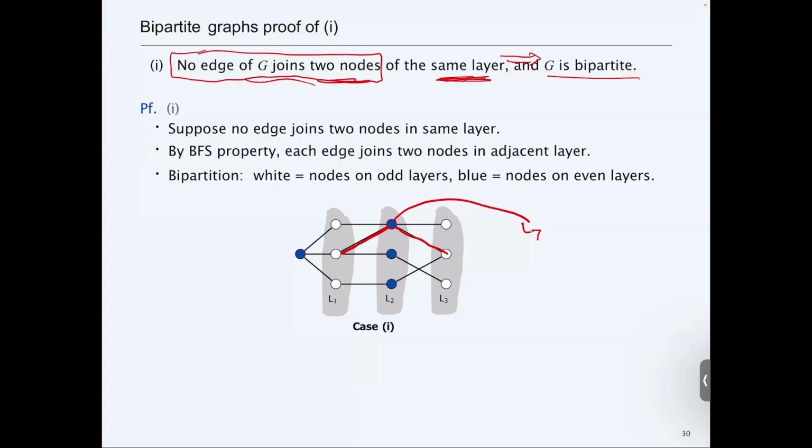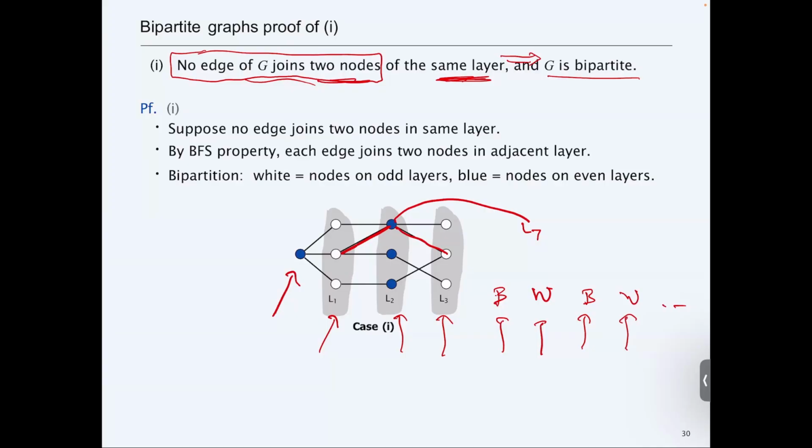For example, all of the even layers are blue, so 4 would be blue, and 6 would be blue, so I have blue, blue, and so on. All of the odd-numbered layers are going to be white. So this is white, 5 here is going to be white, 7 is going to be white, and so on.